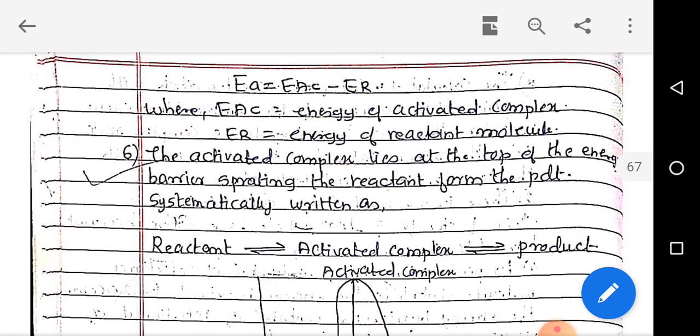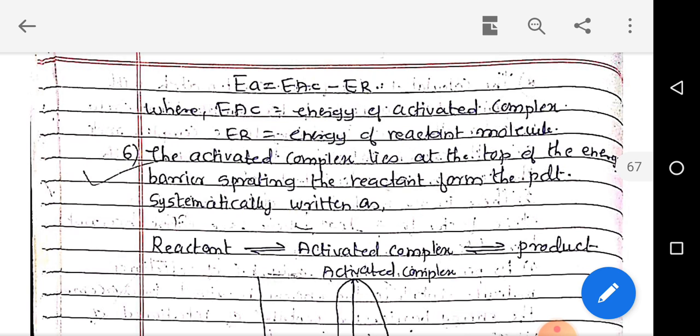This difference between the reacting molecules and the transition state molecule, the reactant molecule, gives the actual amount of activation energy that molecules have. If this amount of activation energy is less, the molecules can easily form the transition state complex or activated complex.